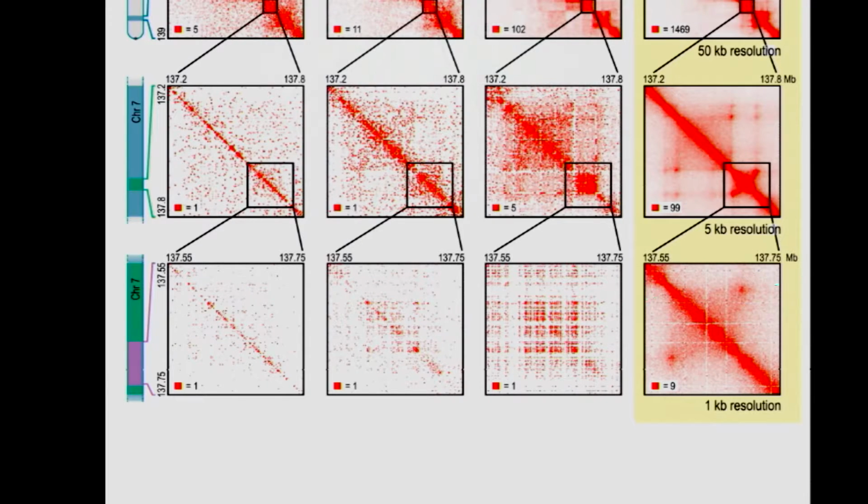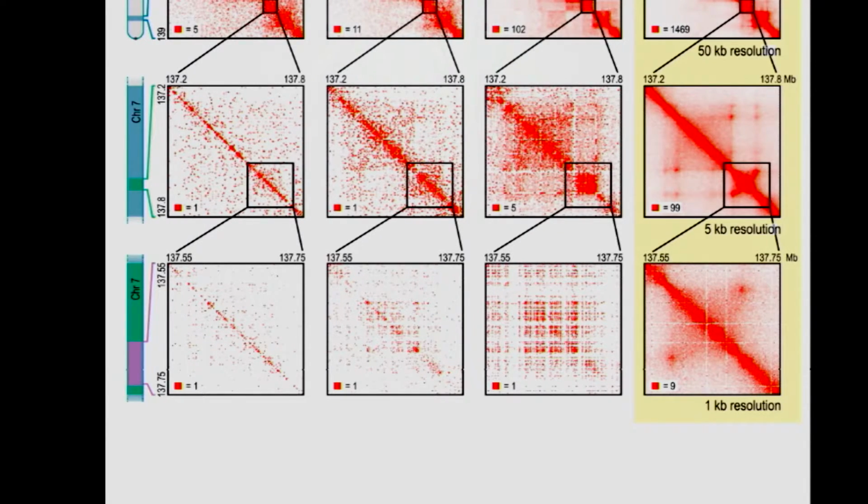This is really probably the best evidence now for the idea of actual looping in DNA, where you have two regions, this region and this region, that are coming together, that are very, very close, and the DNA in between them isn't even as close as those two regions.